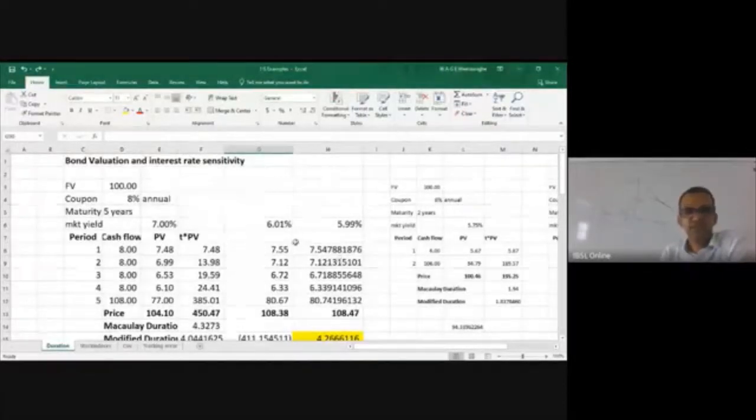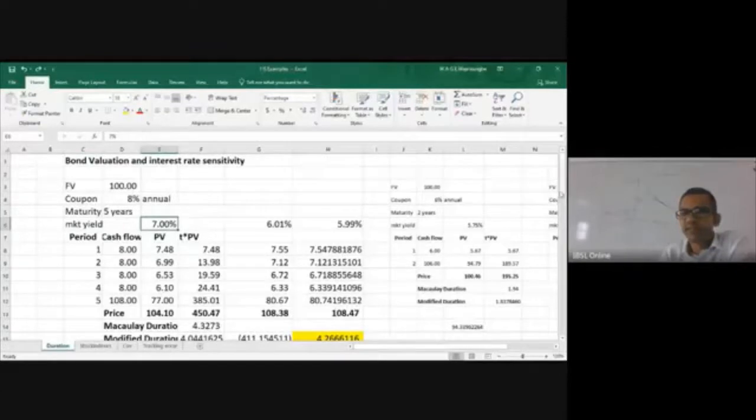Okay, consider a bond with a face value of 100, an 8% annual coupon, and maturity of 5 years. And the current yield is 7%.